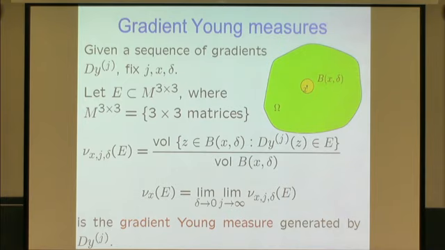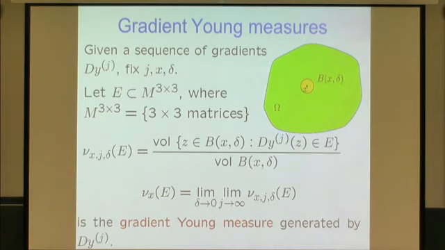So if you're imagining dyj oscillating more and more finely, that will smear out the oscillations over this ball. And then you localize it by letting delta go to 0. That should give you something which depends only on x, and you hope that it's still a probability measure on matrices.